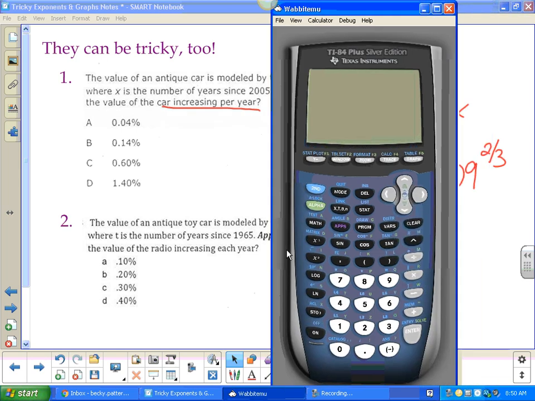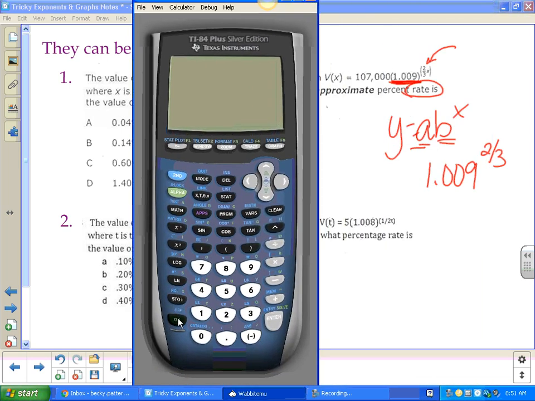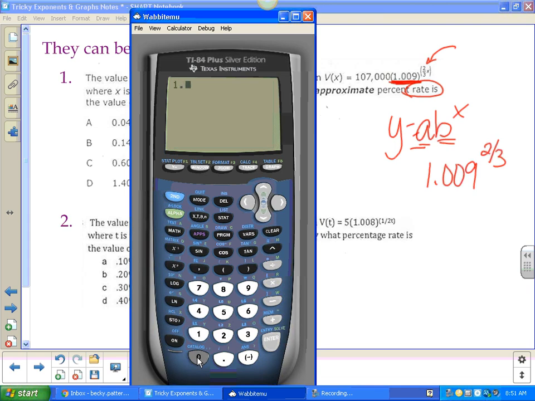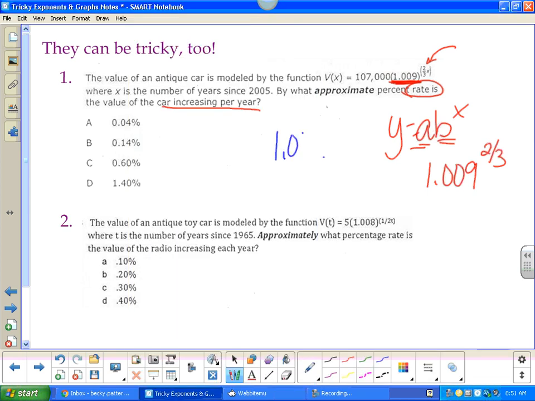So I take my handy dandy calculator and I very carefully type in 1.009 to the 2/3. Hit enter. So I have 1.00599. So let's write that down. 1.00599. So I can tell that this is increasing because we are above 1.